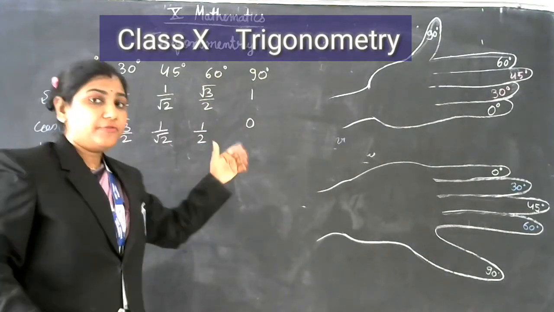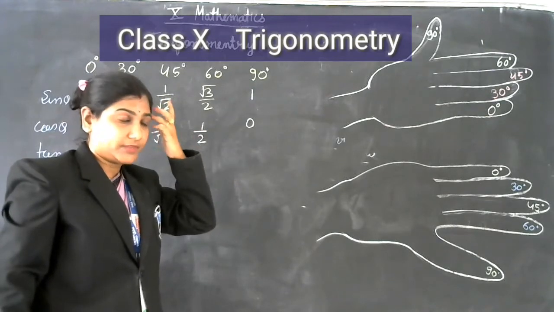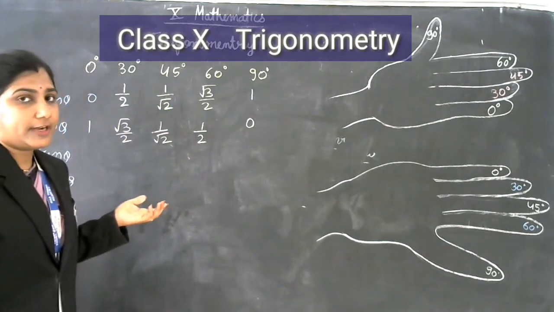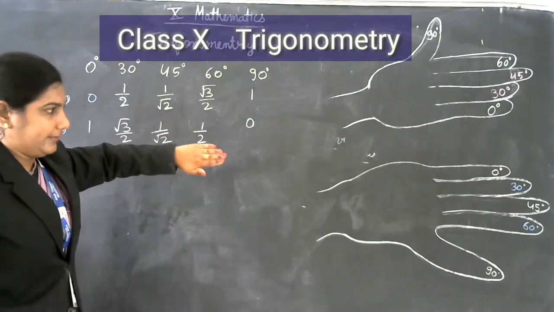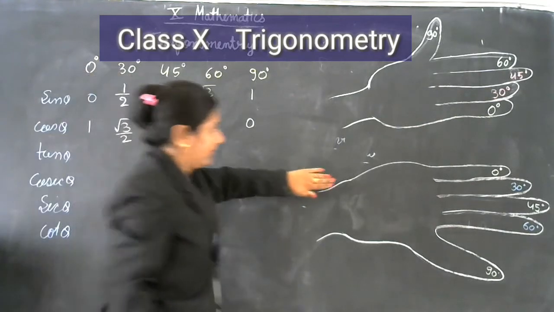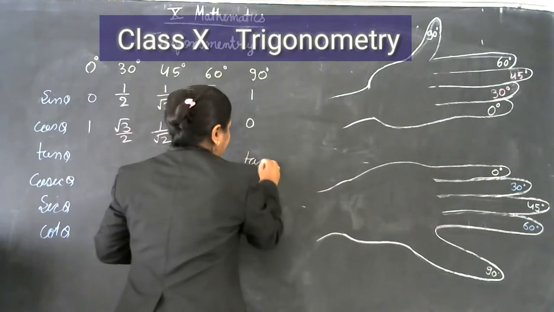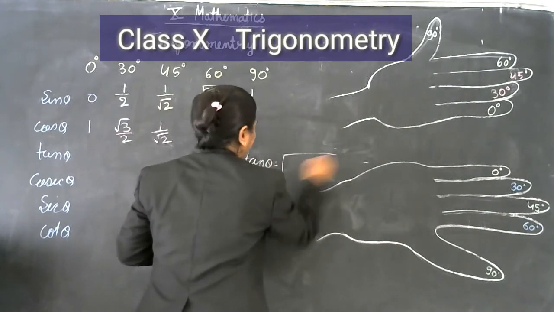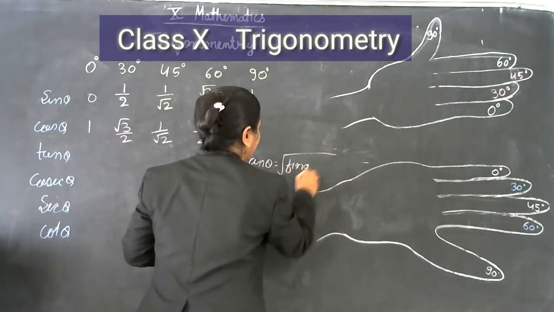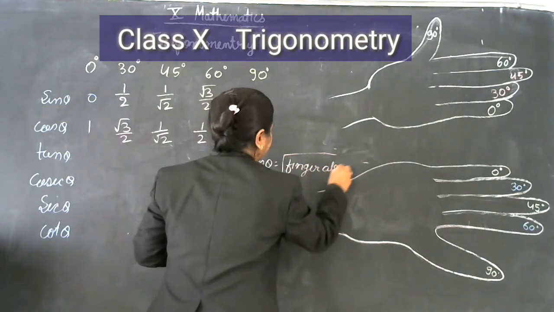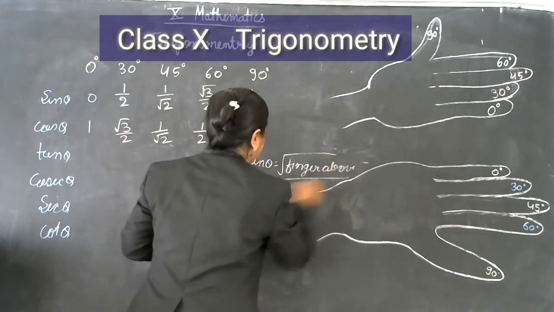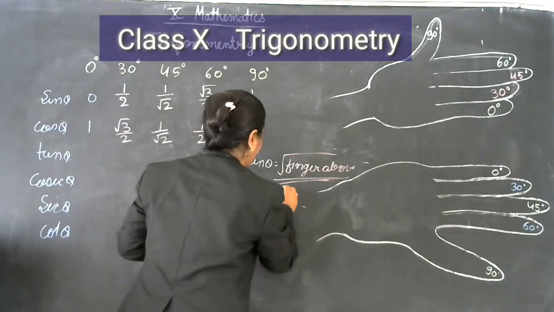Now we find tan theta. For finding the value of tan theta, flip your hand. For tan theta the formula is root of fingers above upon root of fingers below.